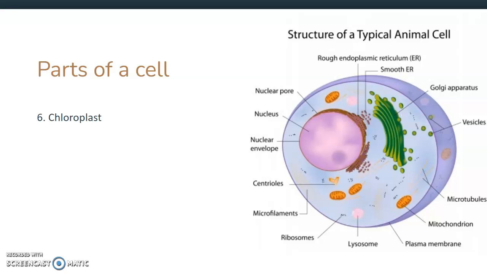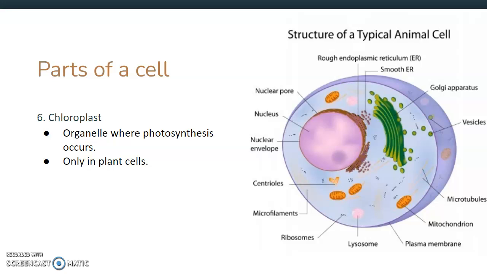Then we have what's called a chloroplast. So a chloroplast is an organelle where photosynthesis occurs. And this is only in plant cells. So we learned a lot about photosynthesis earlier this year. Well, last partial I should say now.